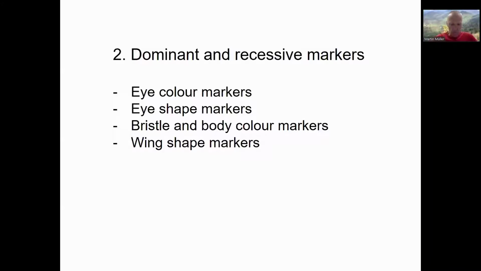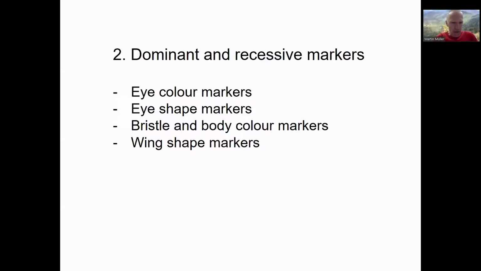The second thing, which I thought could be a topic for this lecture, are the genetic markers. I mentioned that the first mutation was isolated in 1910, and over the decades, many more of these markers have been isolated, and these days we can make use of the most convenient of them to help do our experiments.